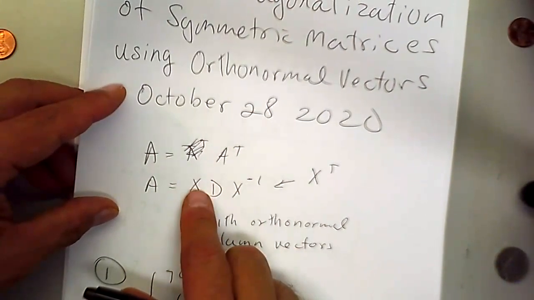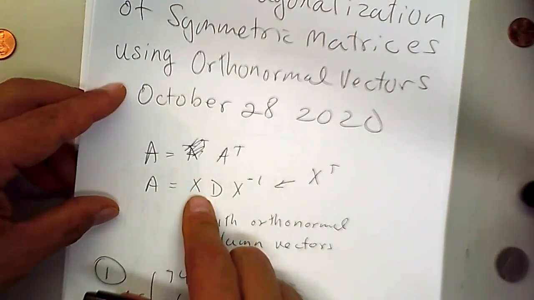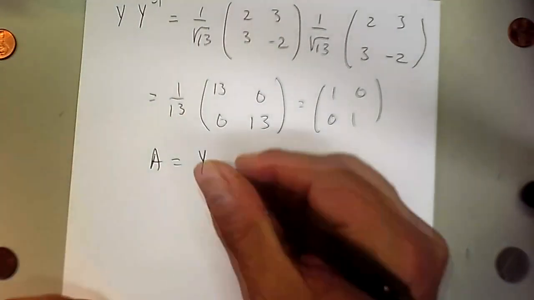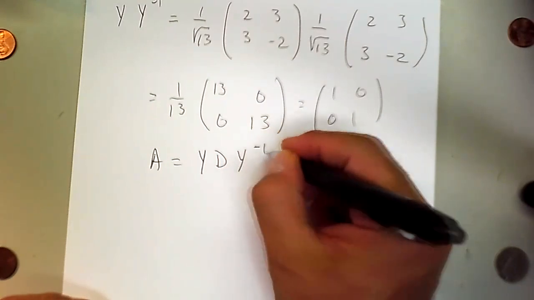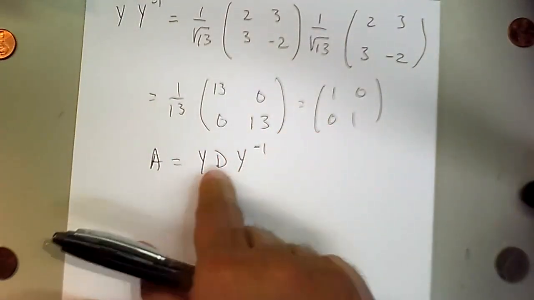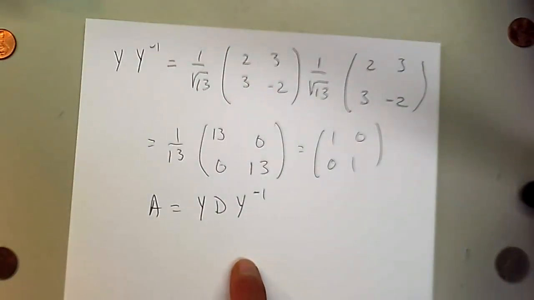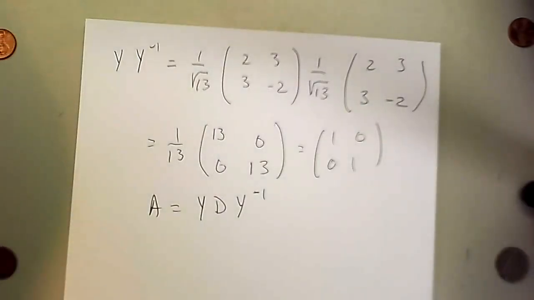Now we're asking the columns to be orthonormal. So Y, diagonal, Y inverse, which by the way is the same thing as this guy but transposed, which doesn't happen all the time. It happens when we have a symmetric matrix. The original matrix we started working with is symmetric.